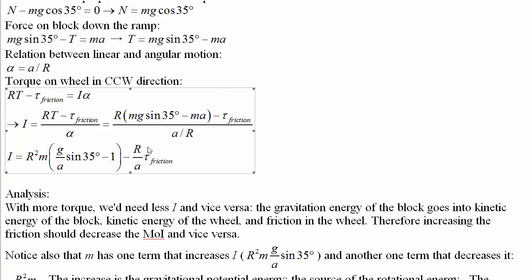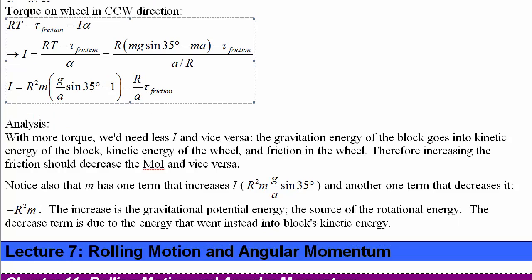So if this first term here is the gravity energy, and that would increase the moment of inertia because moment of inertia increases the kinetic energy in the wheel. The second term is related to the kinetic energy of the block. So that's a decrease. If the block's getting more energy, then the moment of inertia doesn't need to be as big. And then this term here is the frictional energy. So if friction were higher, then more energy would go into that rather than the wheel.